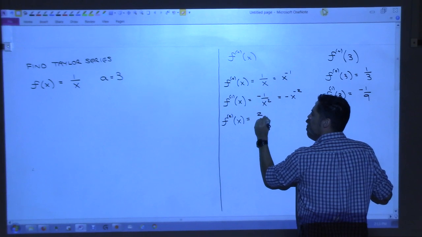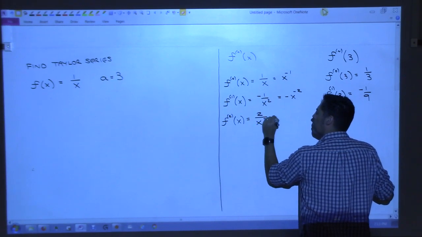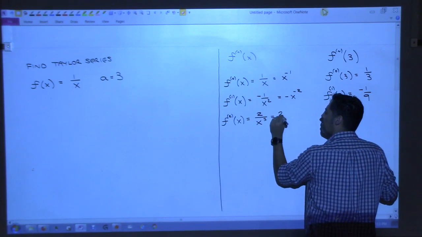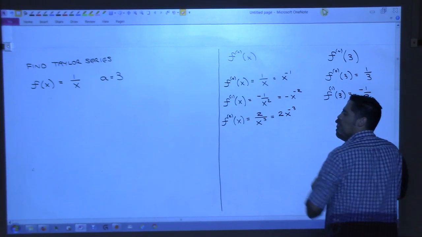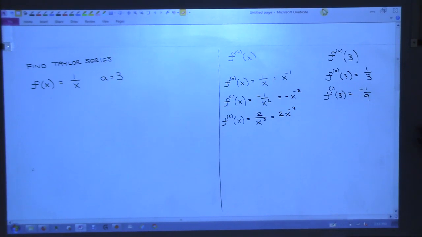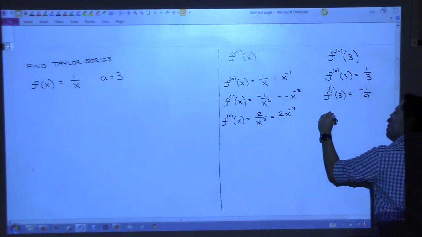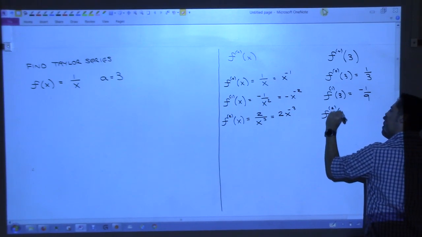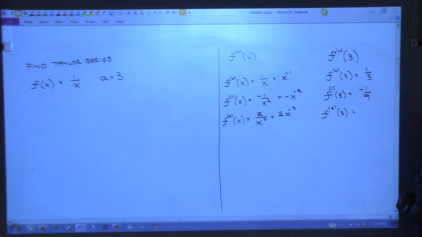So positive 2 over x cubed, which is really, I should maybe write it like this, 2x to the negative 3. So what is the second derivative at 3? 2 over 27. You need to start picking up on a pattern right now.